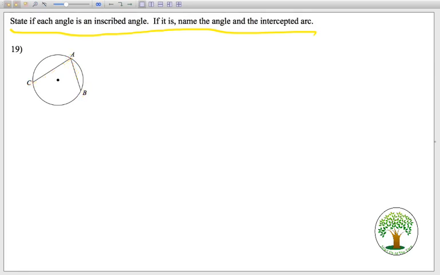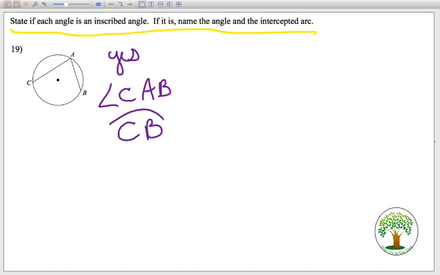This is an inscribed angle, so yes. We have angle CAB, and the intercepted arc is out here, and that's arc CB.